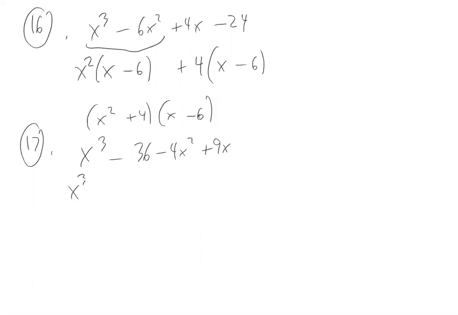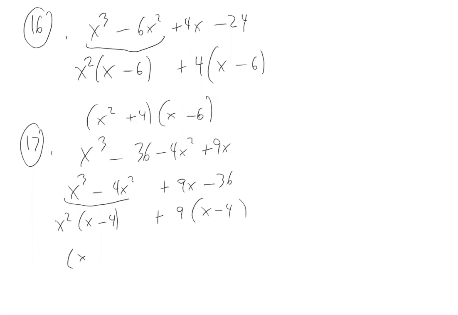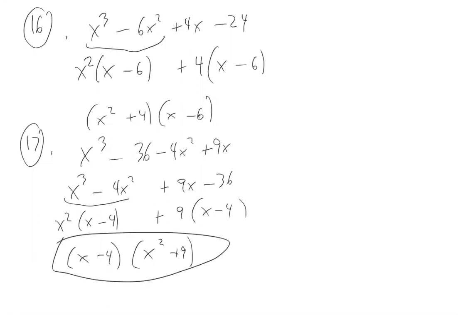So x cubed minus 4x squared, and then plus 9x minus 36. Now, let's factor an x squared out of the first group. That'll leave you with x minus 4. Then take out a 9 out of the second group. Then you'll be left with x minus 4. Then x minus 4 is in common, so let's put that outside. Then the only thing left is x squared plus 9. So that's the answer to that one.